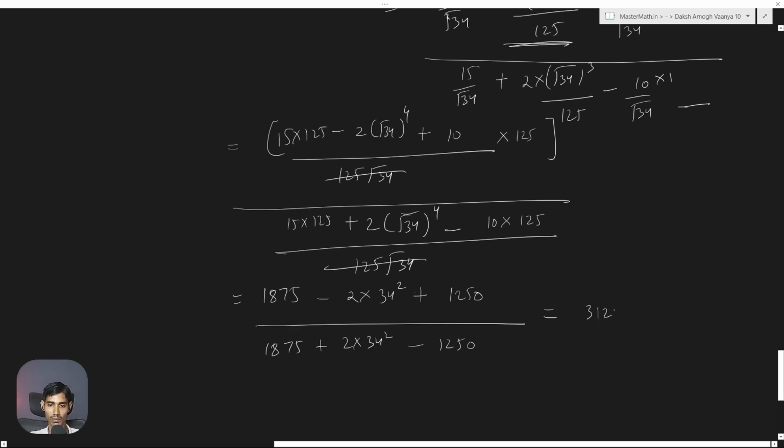3125. 34 square is 1156, times 2 is 2312, and here we'll have 3125 plus 2312, and let's see what that is. 813.